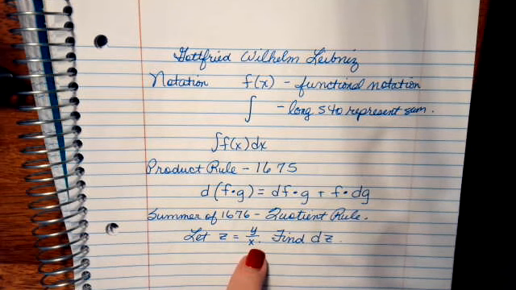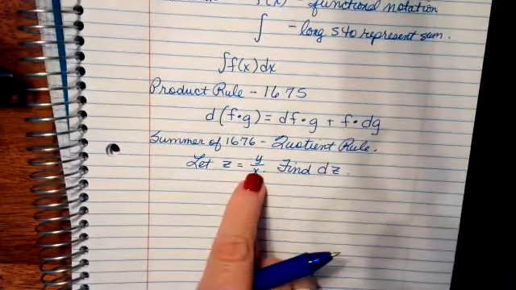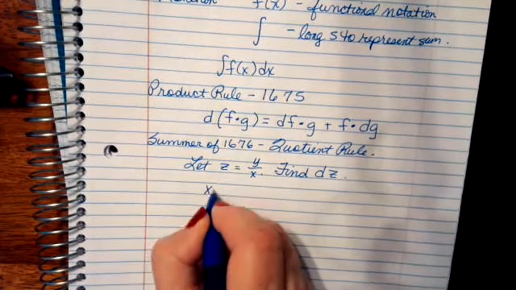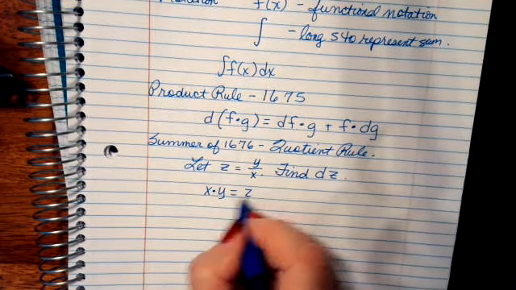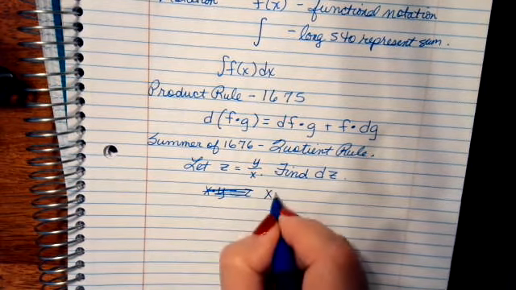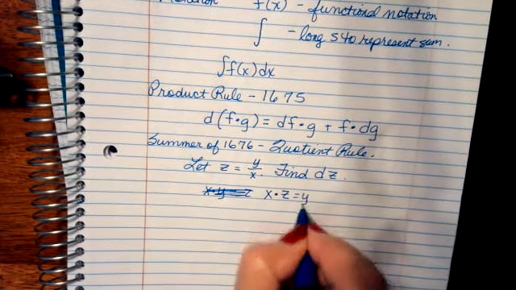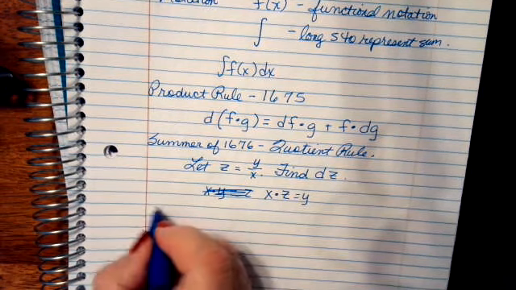So let's rewrite this division problem as a multiplication problem. x times z equals y. Take the derivative of both sides.